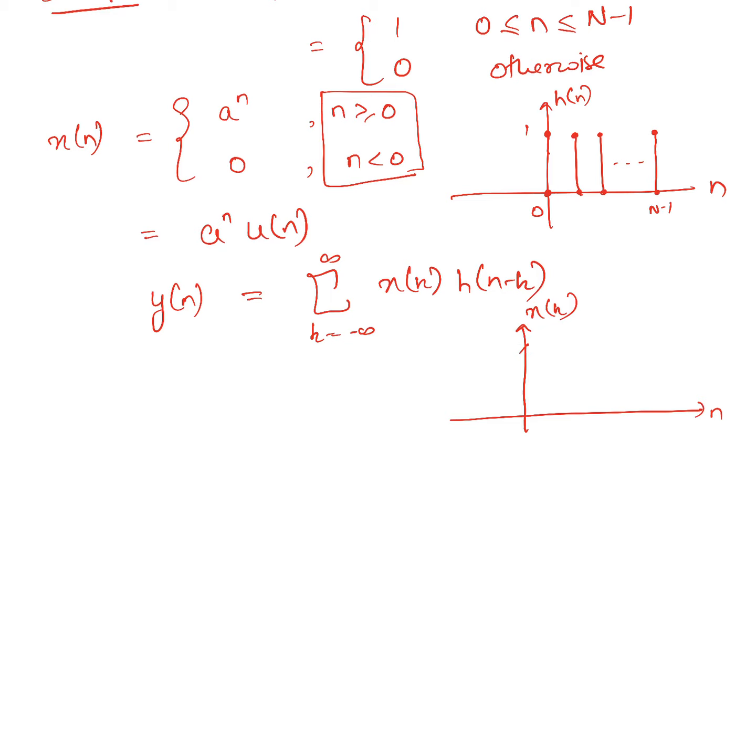So this should be x of n. It would be something like 0, 1, and the envelope would be decaying for n going up to infinity.